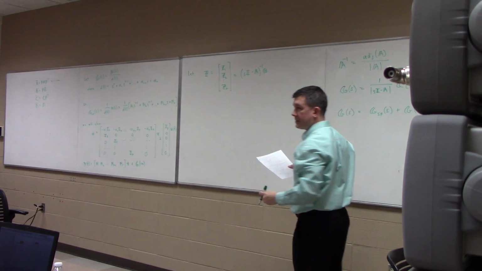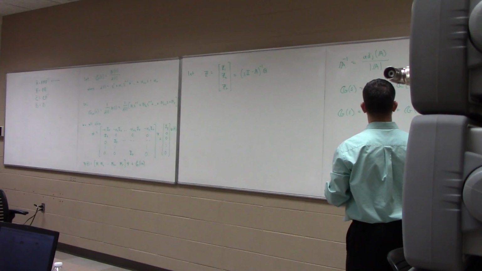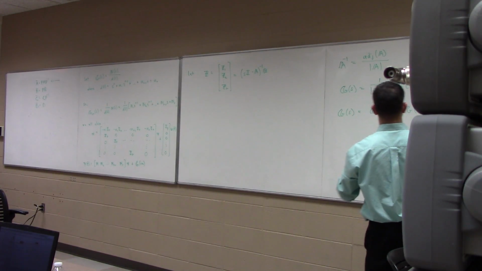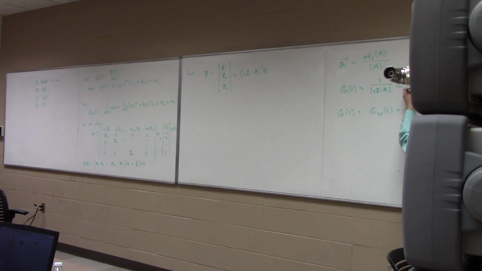Okay, so I'm just going to define some matrix Z that's going to be equal to this whole part: (sI minus A) inverse times B.